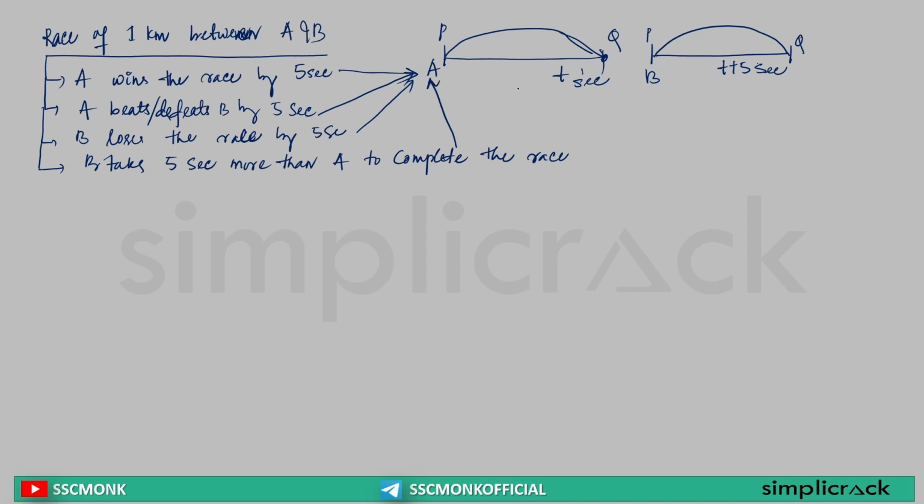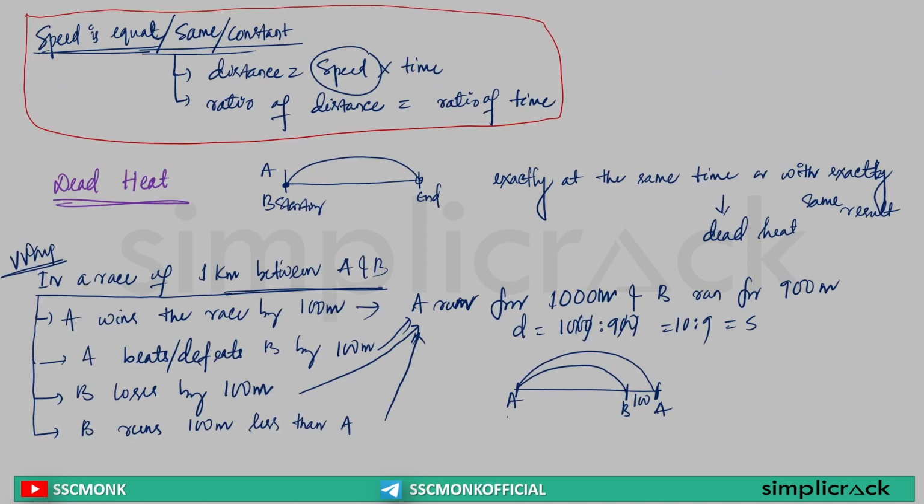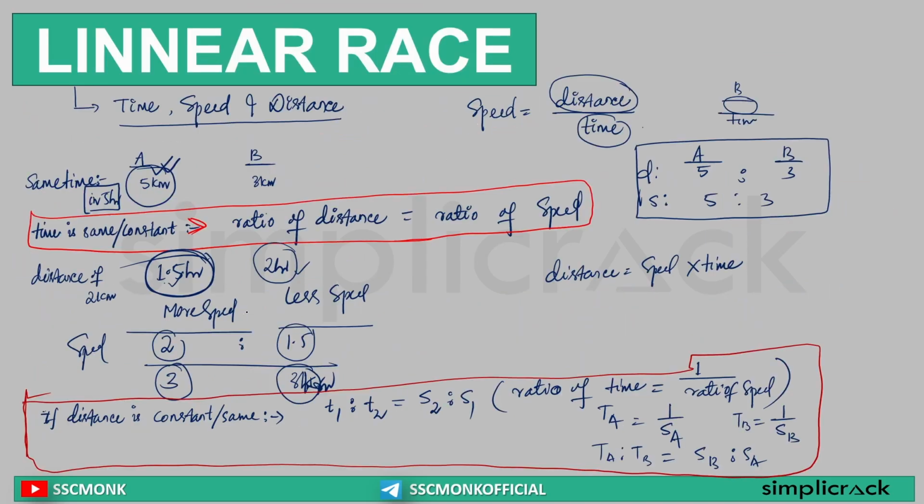Now understand this. Here when we are saying all this, we are discussing this point, P to Q. Same P to Q. That means distance is constant over here. And what I have told you, if distance is constant, then what will be the ratio?